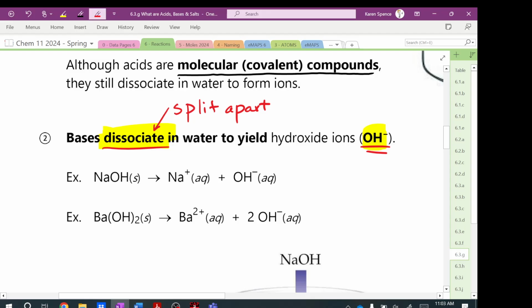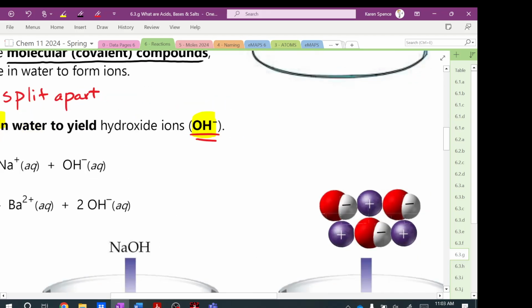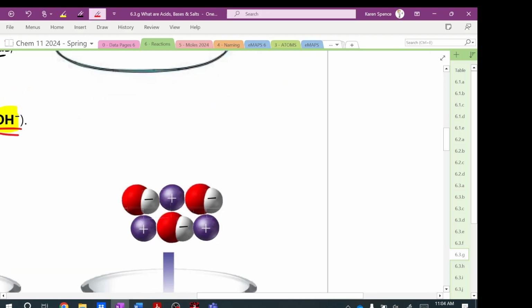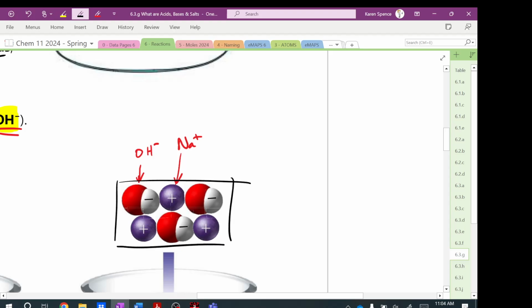So let's take a look at what that looks like over here. Here we have an OH minus ion, and here we have an Na plus ion. What is this little structure here? That is a crystal lattice, and it's made of alternating positive and negative ions.